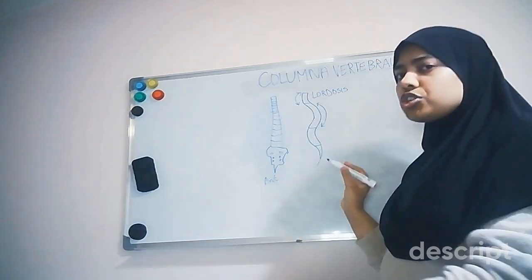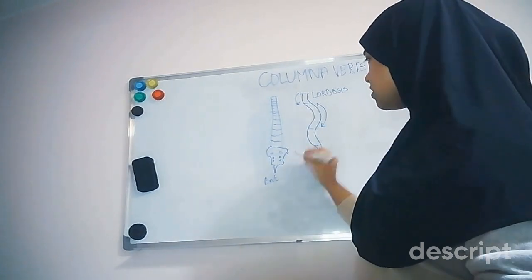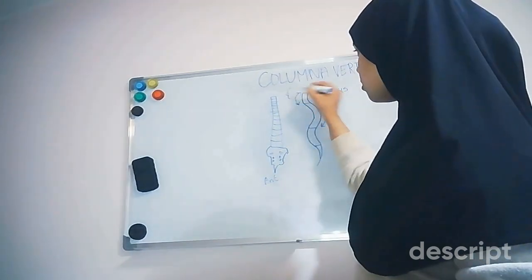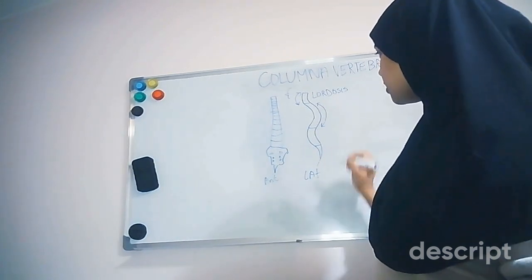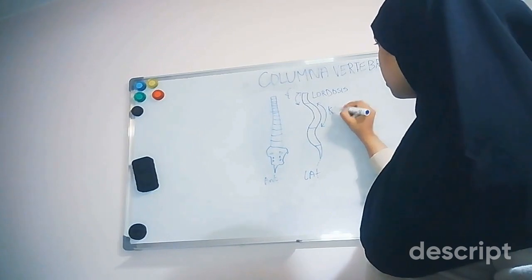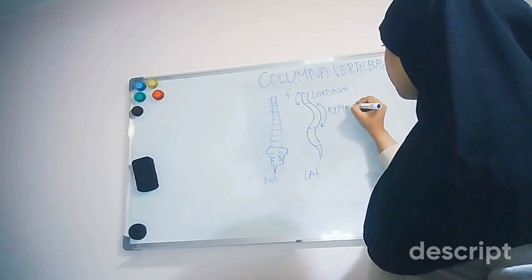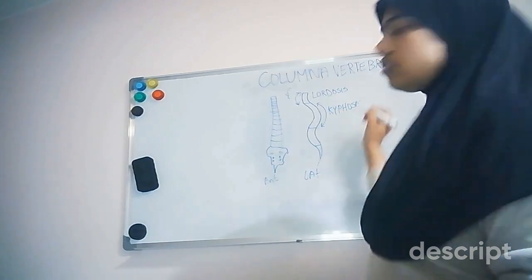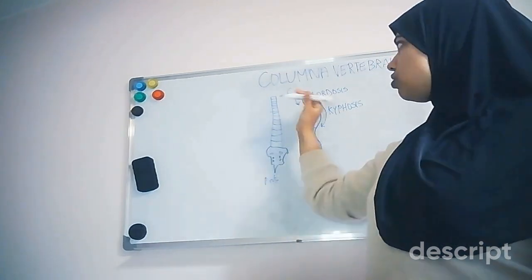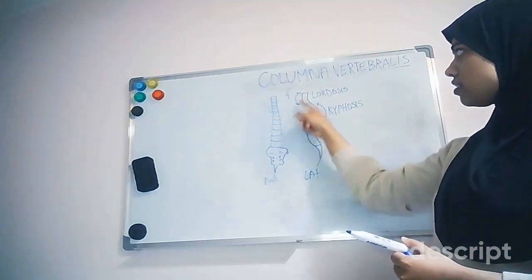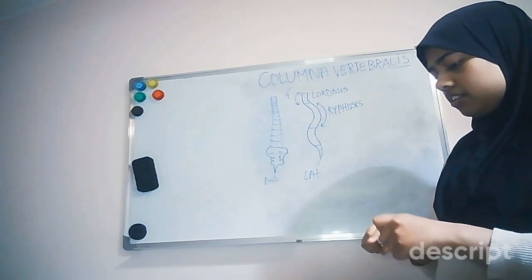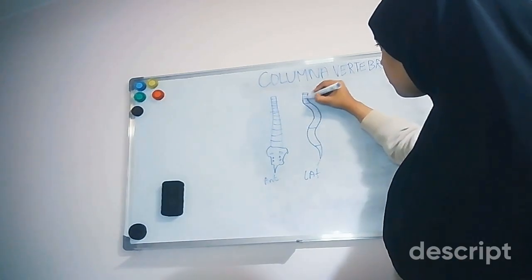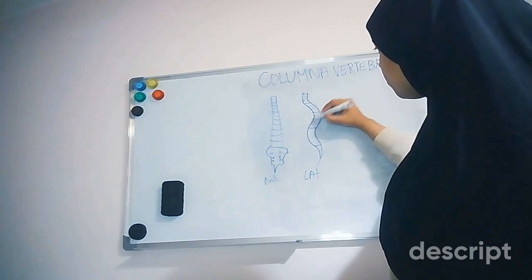And how do I know which is inwards and outwards? This is anterior, so the nose is here of the person, and we are looking at it from a lateral perspective. This will be kyphosis. So lordosis, kyphosis, lordosis, kyphosis.